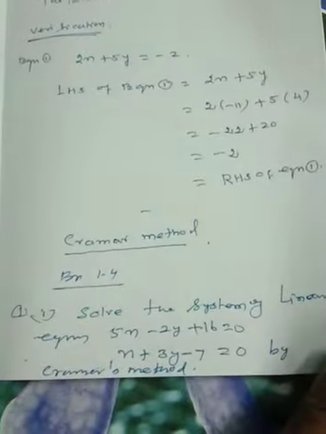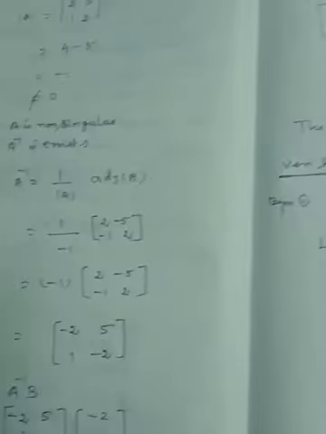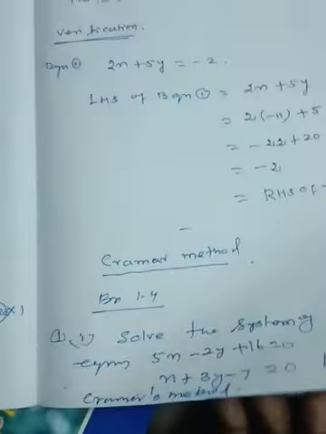First equation: 5x minus 2y is equal to minus 16. Equation number 1. Second equation: x plus 3y is equal to positive 7.